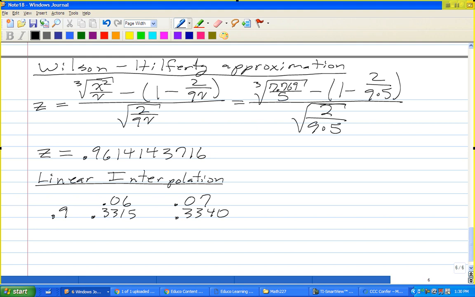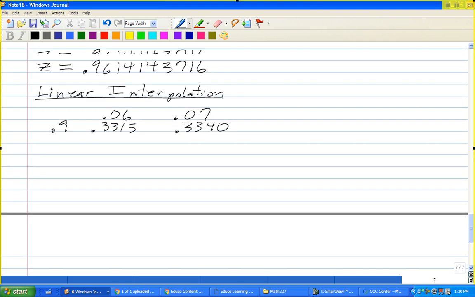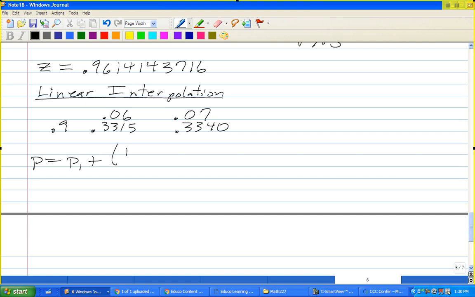And so let's use our linear interpolation formula. P is equal to P1 plus P2 minus P1 over Z2 minus Z1, times Z minus Z1.